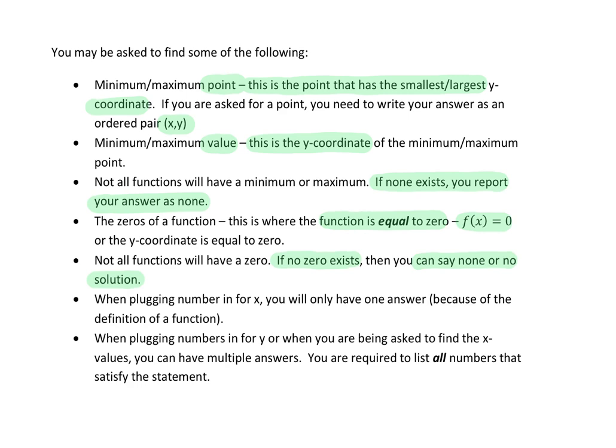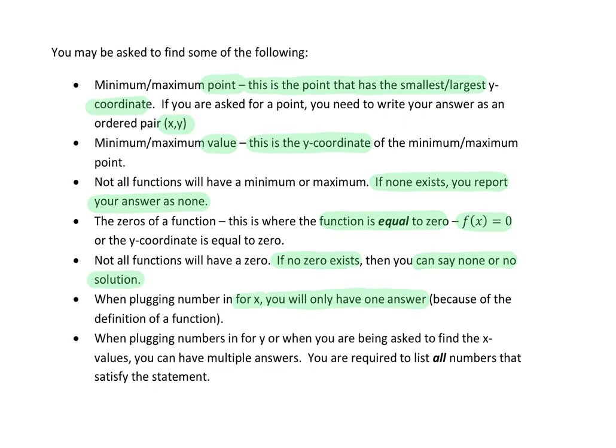Another thing to keep in mind is that in order to be a function, each x value can only map to one y value. So when plugging in numbers for x, you will only have one answer because of the definition of a function.